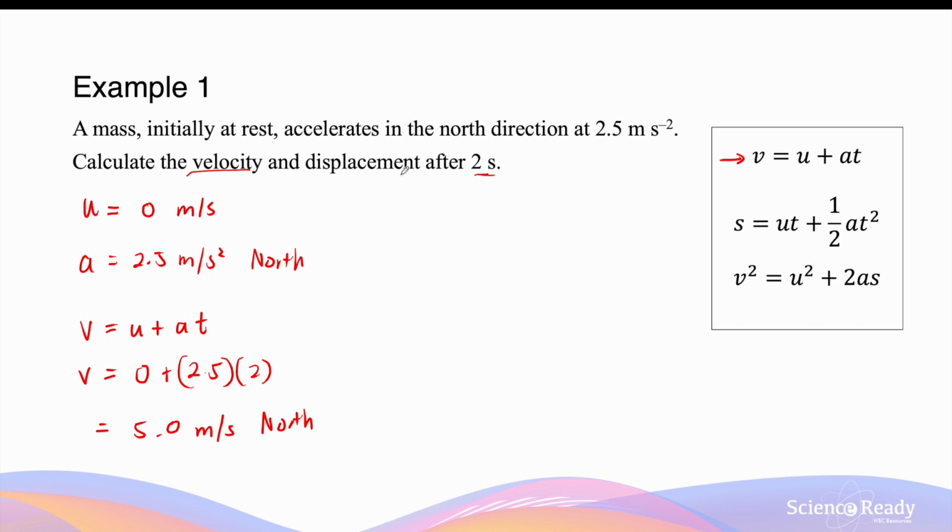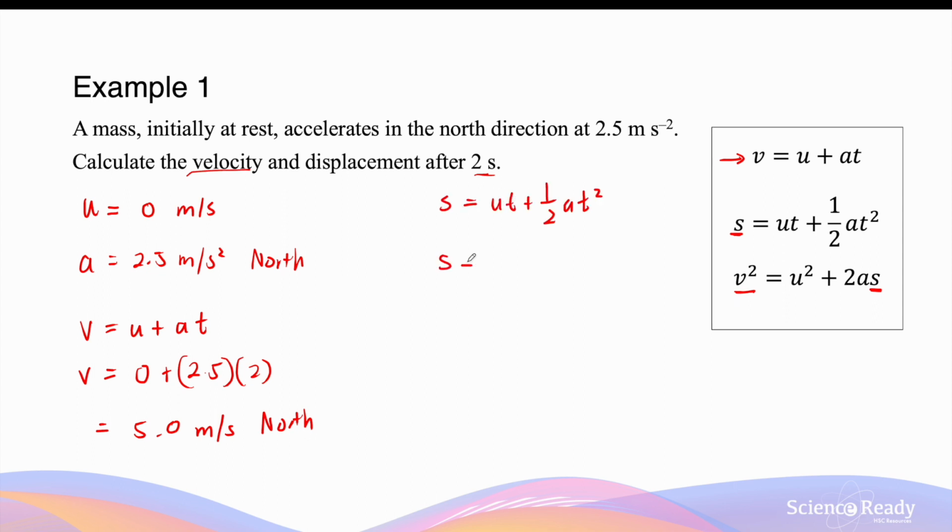Okay, what about displacement? To calculate displacement, we'll have to look at the second or the third equation here, because only these two contain the variable s, which represents displacement. In this example, we can use both equations, because we're given the initial velocity, time, acceleration, and now we've also calculated the final velocity. Let's use the second equation.